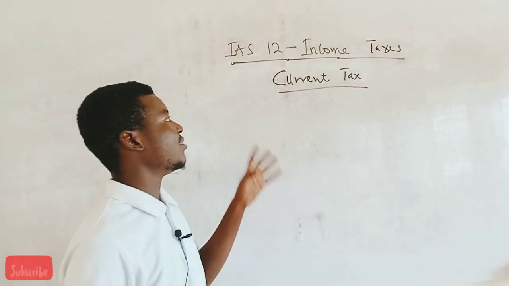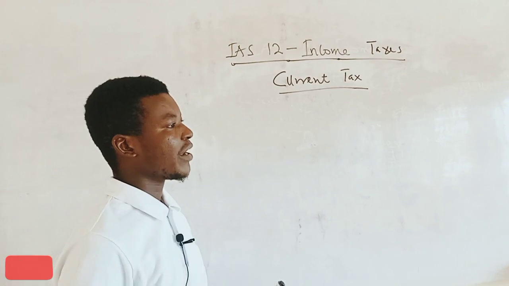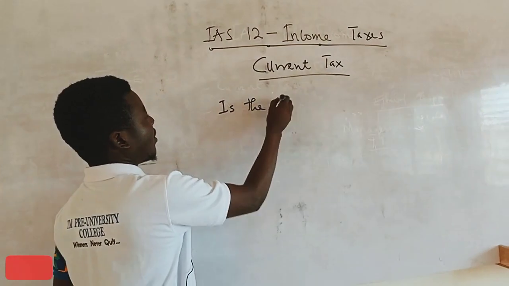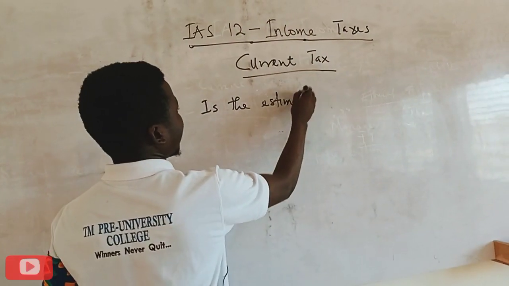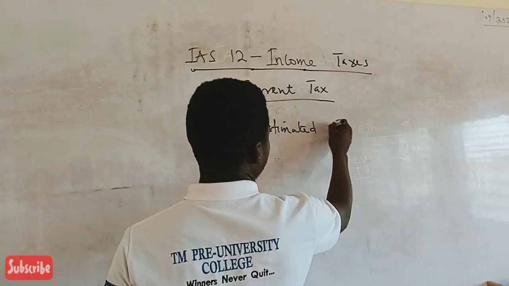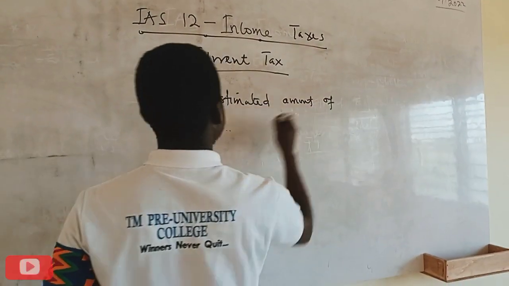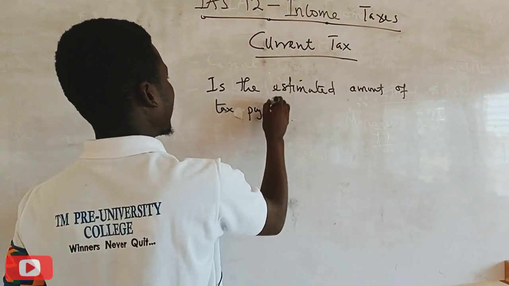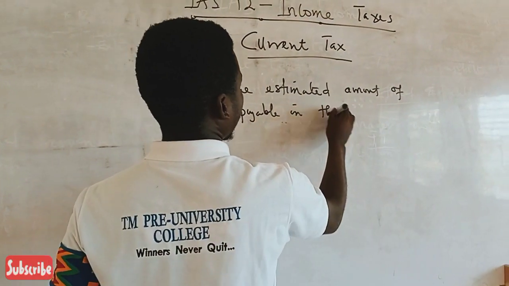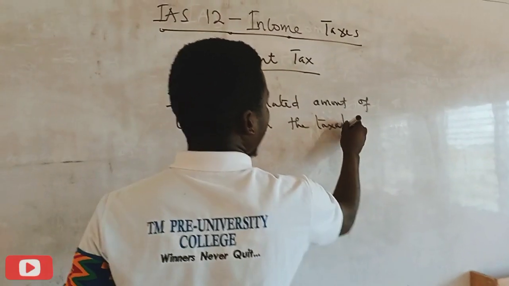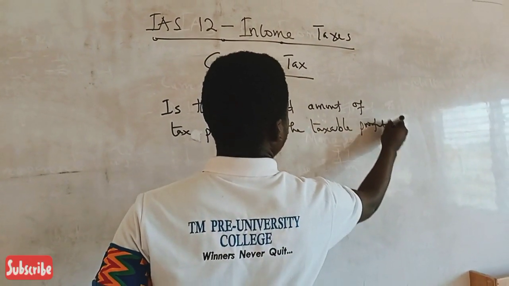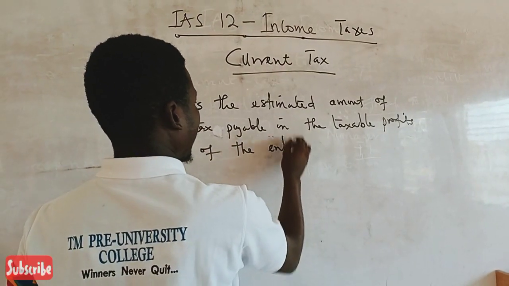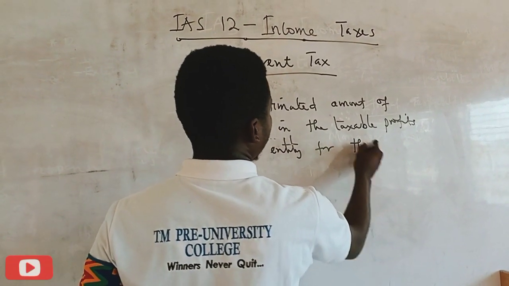But how does the standard define current tax? The standard defines current tax as the estimated amount of tax payable on the taxable profits of the entity for the period.